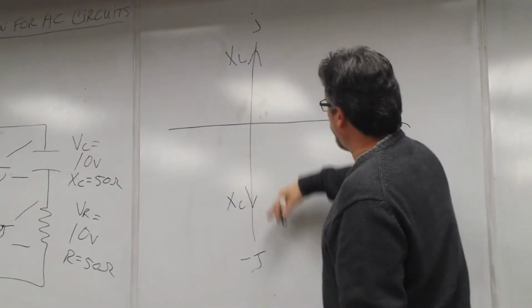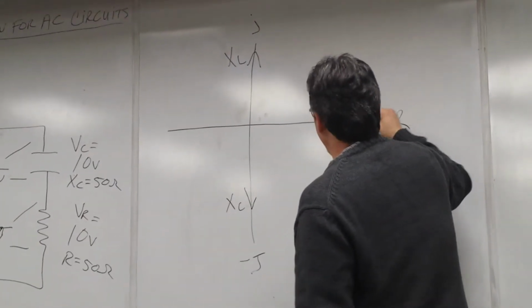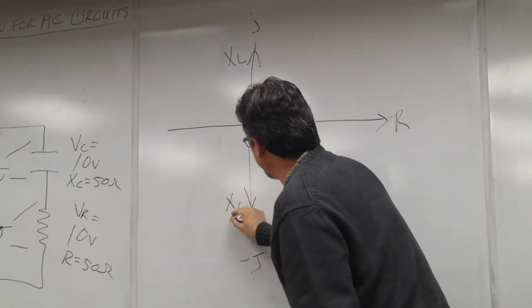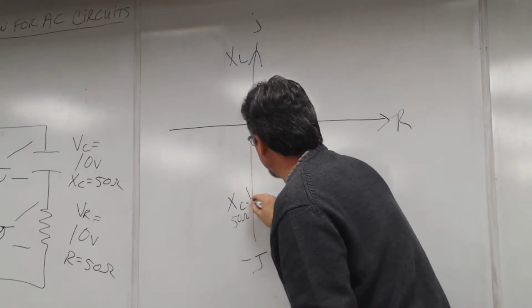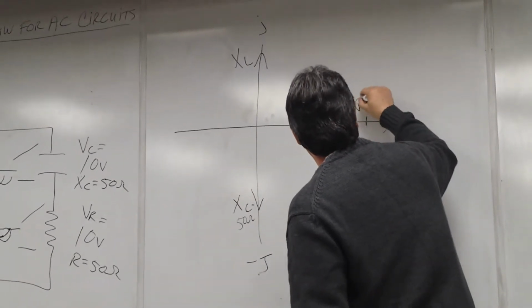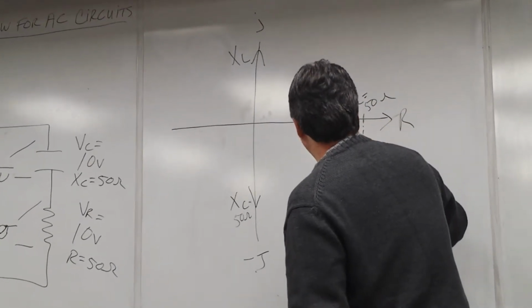So we normally work within this quadrant out here. If you were to look at a capacitor value, let's say the capacitor here was 50 ohms, and the resistor was 50 ohms.